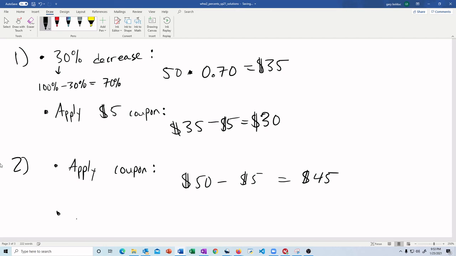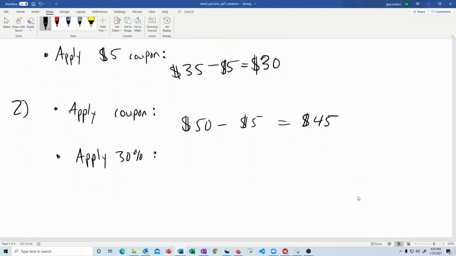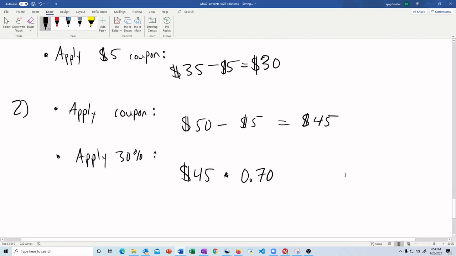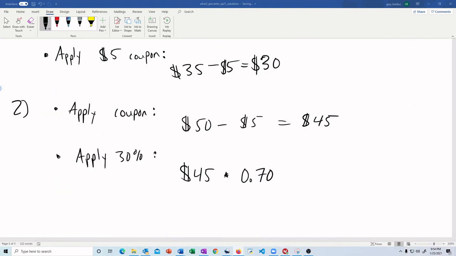Then we apply the 30%. How did we do that? We take our 45 and we multiply by 0.70. Remember that calculation we did up here. Okay, and we're going to need our calculator for this. 45 times 0.7 is $31.50.